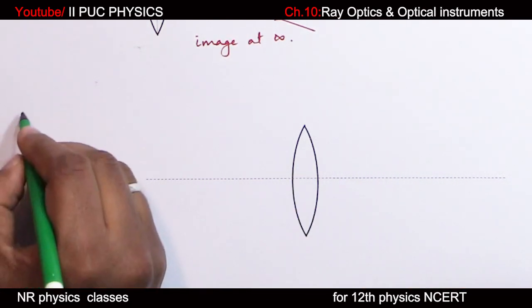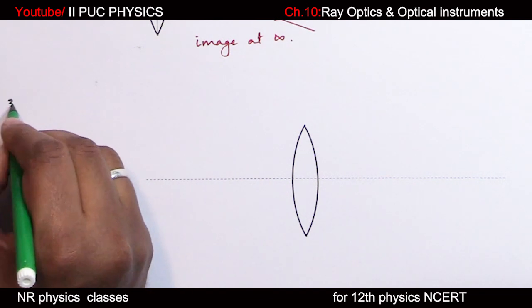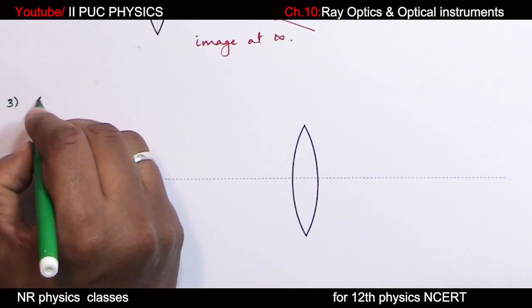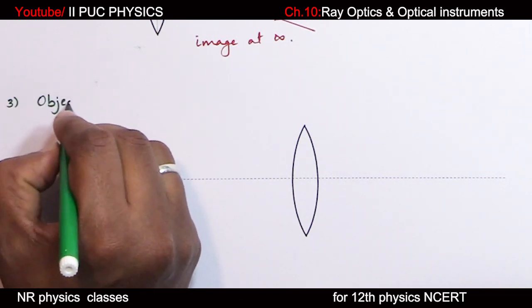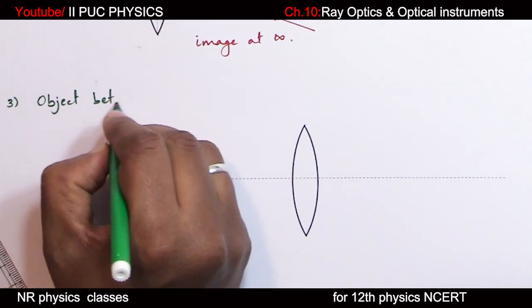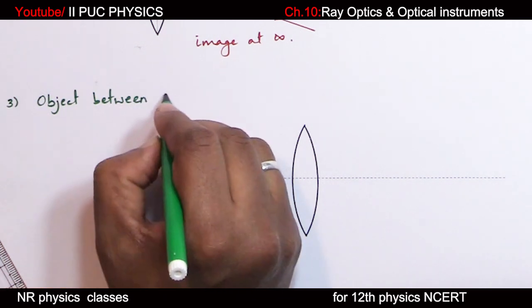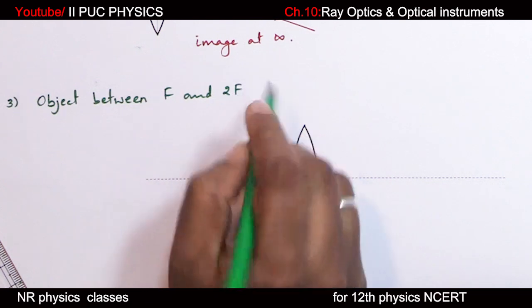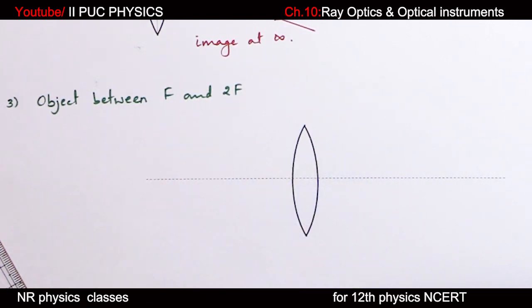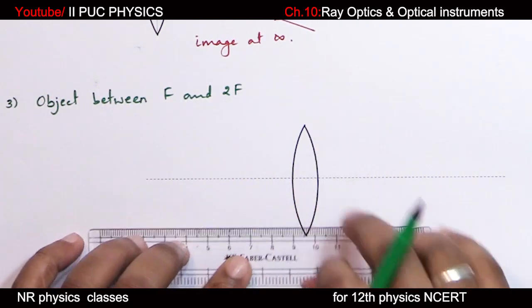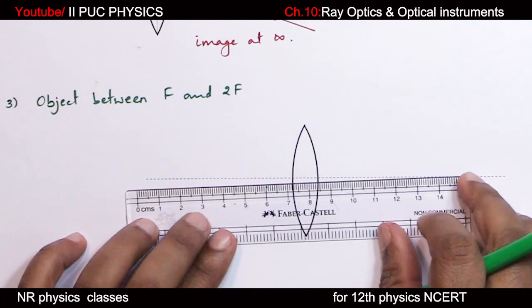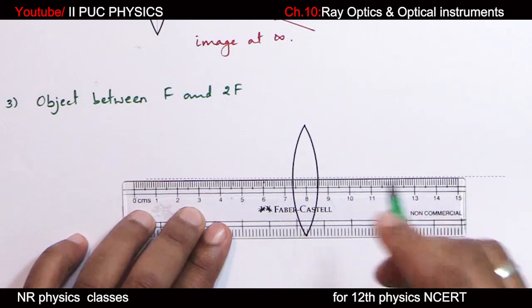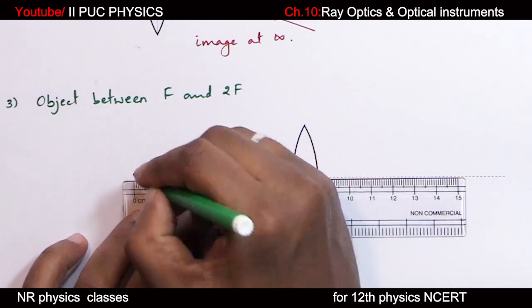Now third case, when object between F and 2F. Object between F and 2F. Lens, principal axis. Let me note down F and 2F.